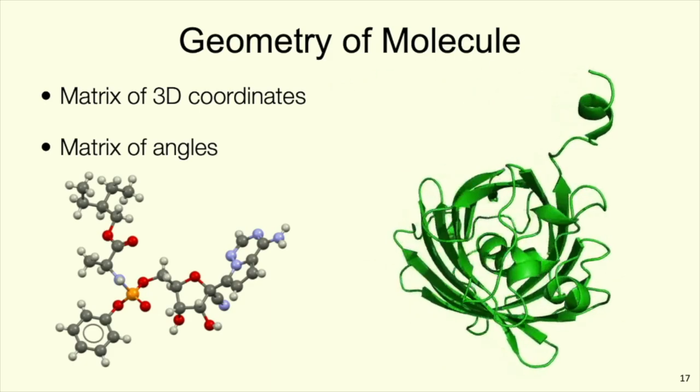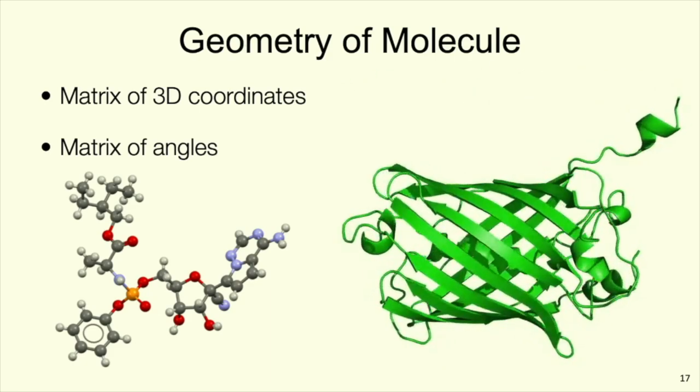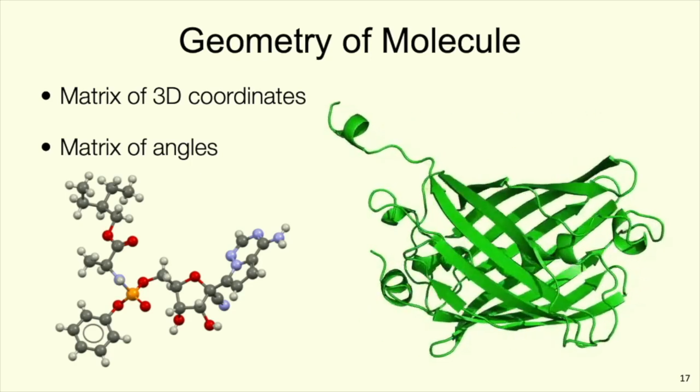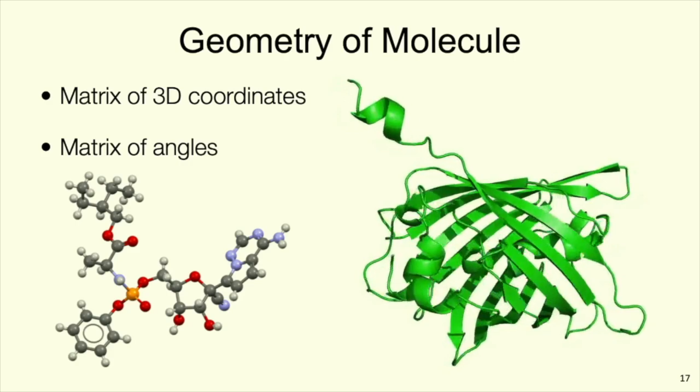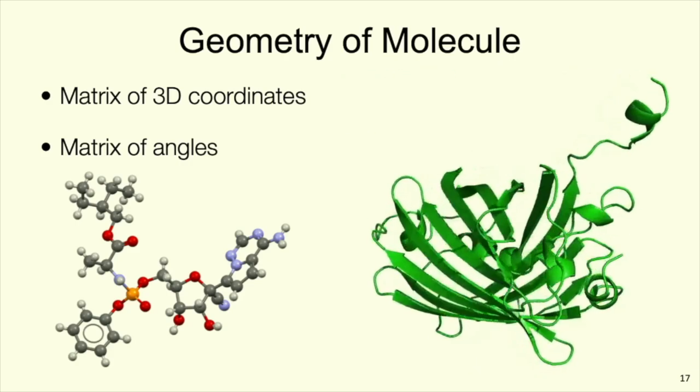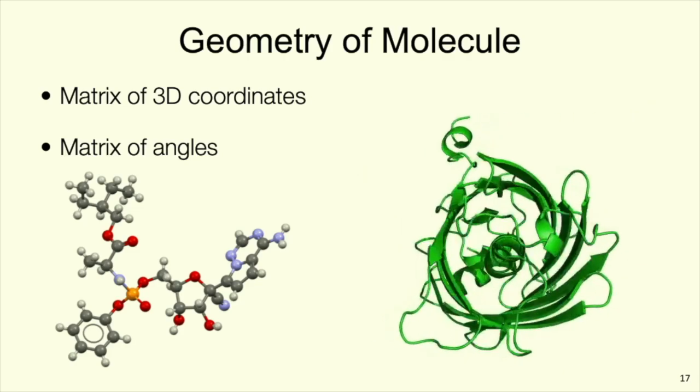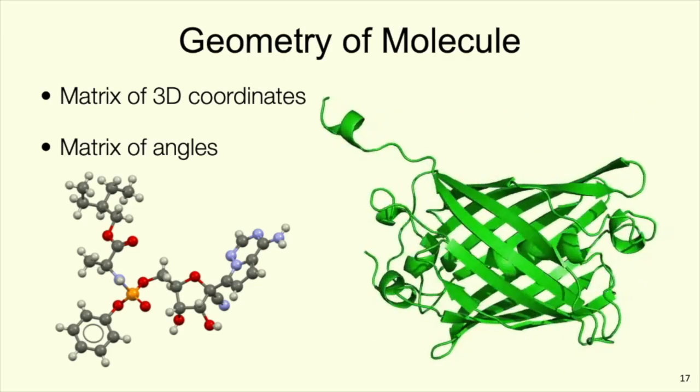Okay, so we've talked about sequence and discrete structure. There's also continuous structure for molecules. That's unique for molecules. This corresponds to the geometry or coordinates of those molecule atoms and the residues.